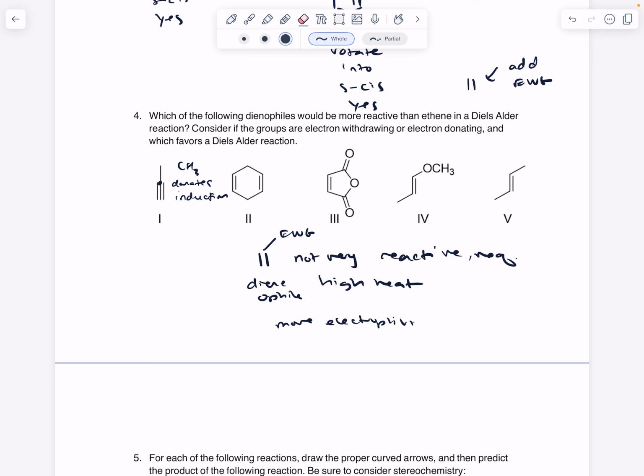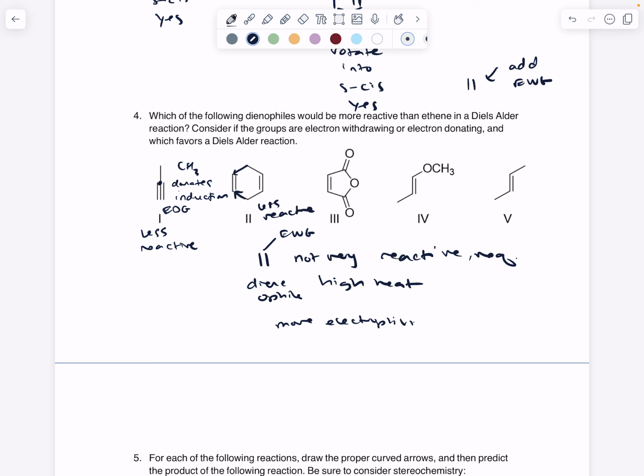So through induction, this is an electron donating group, so that is less reactive than just a plain ethene. Same thing here, these would donate electron density, so I would also say this is less reactive than ethene.